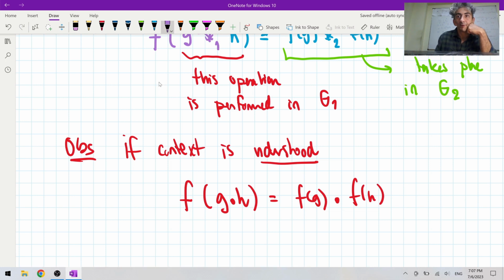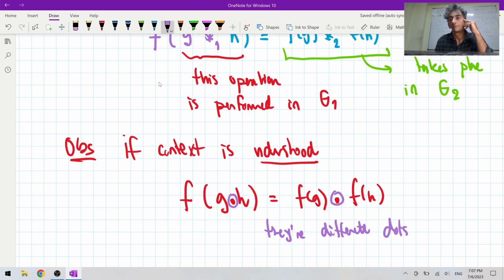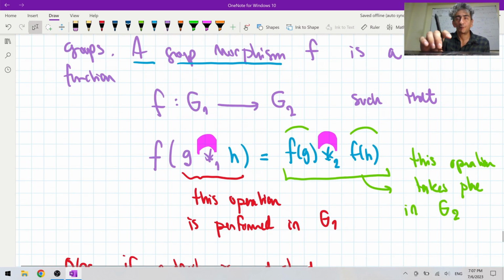This dot here is different from this dot here. This will alleviate the notational burden sometimes, and it's fairly easy to work with morphisms once we understand that difference. Keeping the notation simple is key for us.